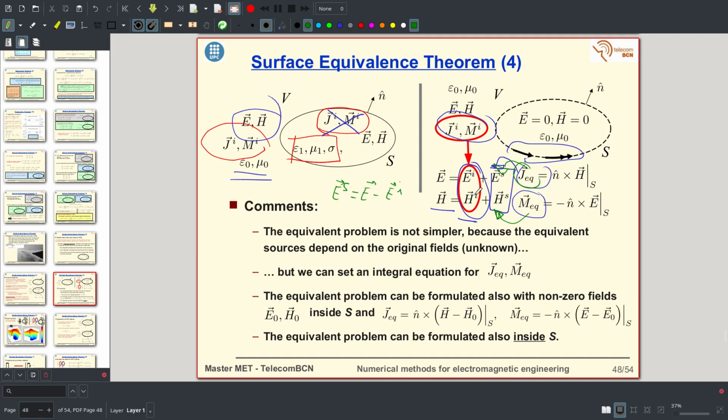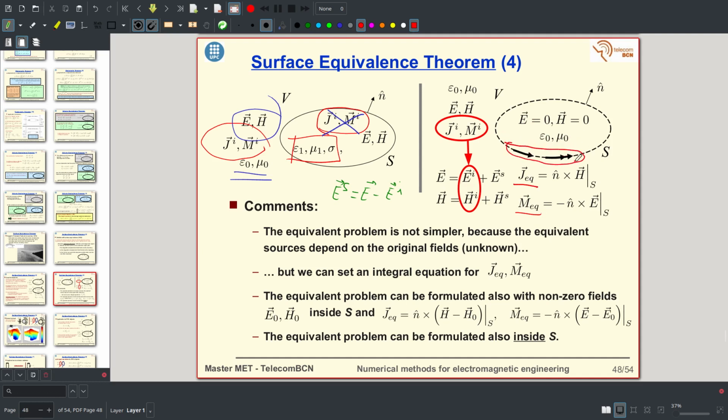But the same as in volume equivalence, we have total fields equal to incident fields due to impressed currents in free space plus scattered fields due to equivalent currents in free space. The only difference with the volume equivalence theorem is that now the equivalent currents are not defined in the volume inside the surface S, but along surface S.